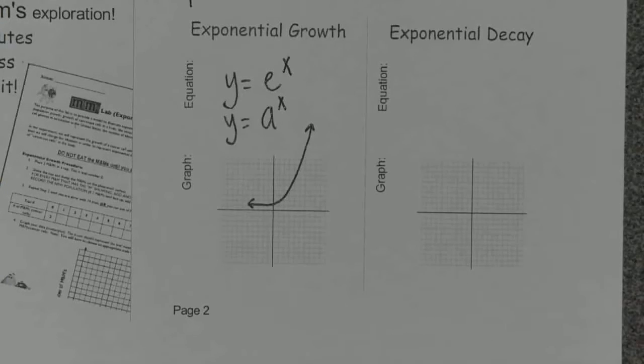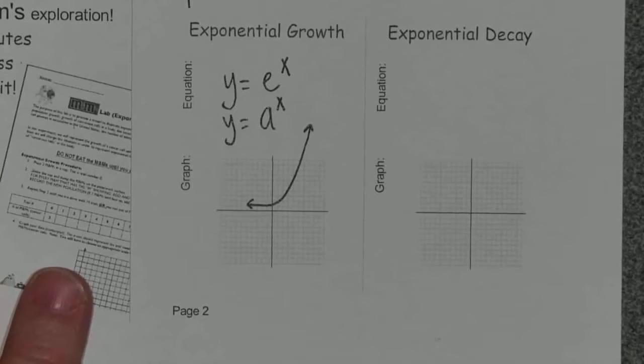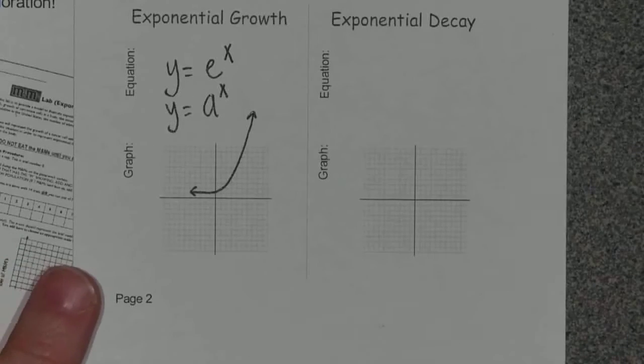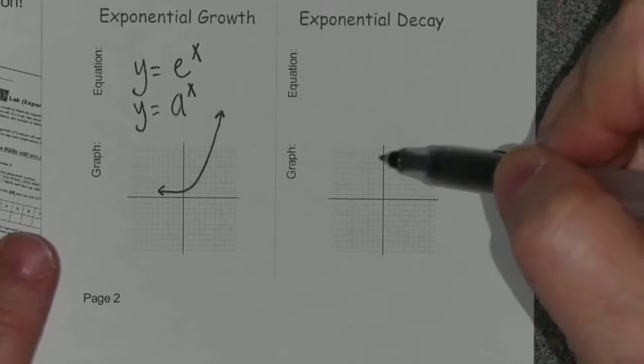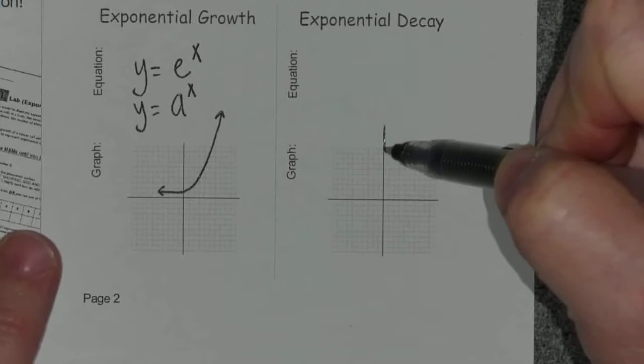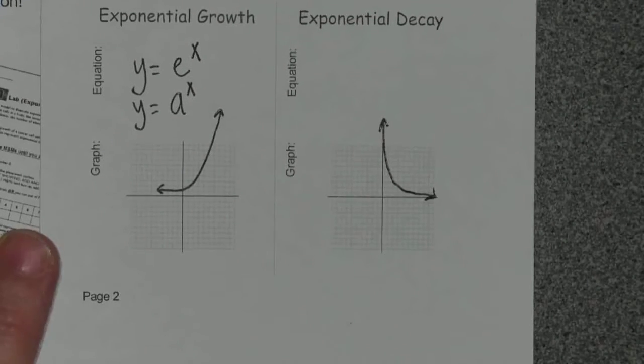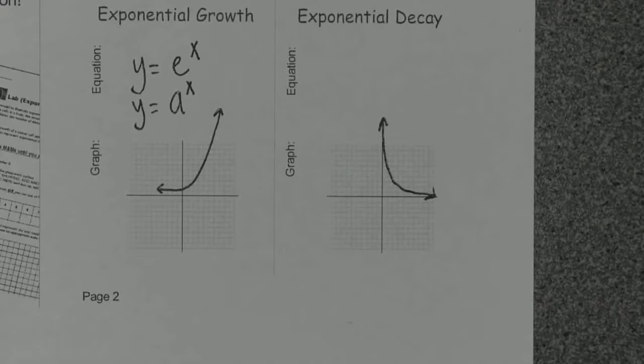Okay. All right. So knowing this is what growth looks like, what do you think decay is going to look like? Down from where? It's actually going to start up really high and come down really low.